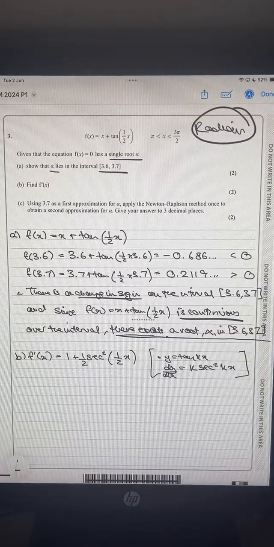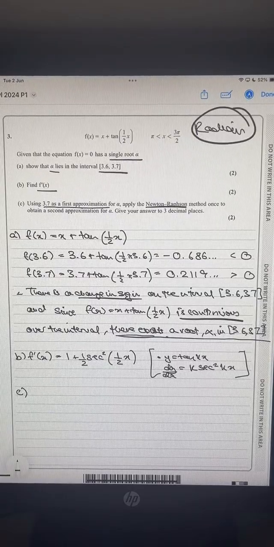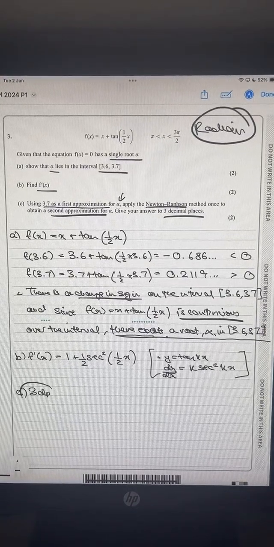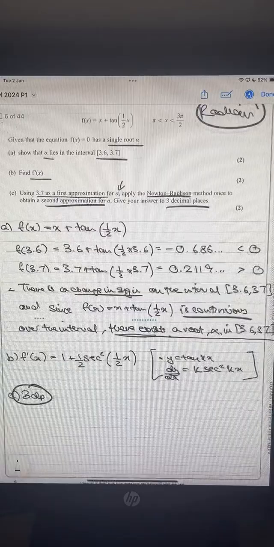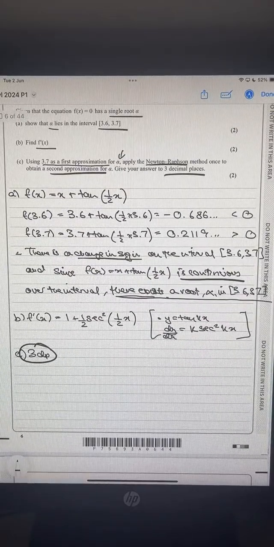Very nice. Part C, well, you can guess what part C is because you've got f of x and you found the derivative, it is going to be the Newton-Raphson method. So using 3.7 as a first approximation for alpha, find a second approximation, give your answer to 3dp. So I like to write 3dp at the top. And all I need to do is apply Newton-Raphson once. Quite nice.